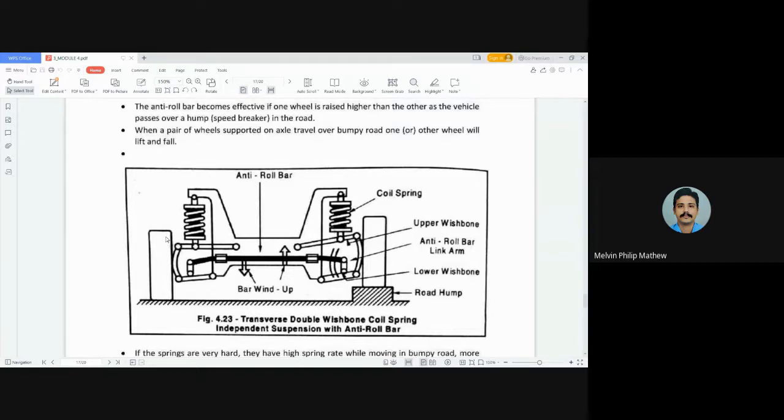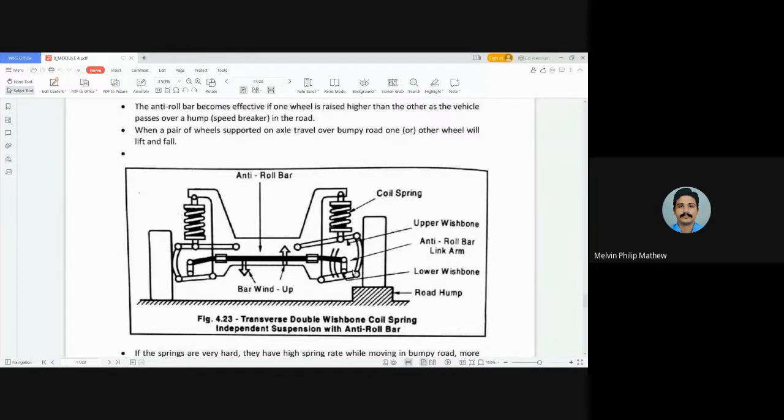When a vehicle is taking a curve, the outer wheel gets compressed and the inner wheel is lifted up. The weight is transferred to the outer wheel, and due to that weight, the suspension is compressed and the other suspension lifts up.